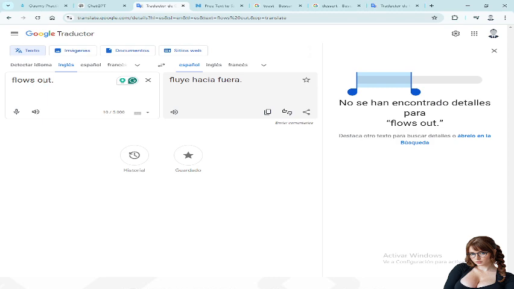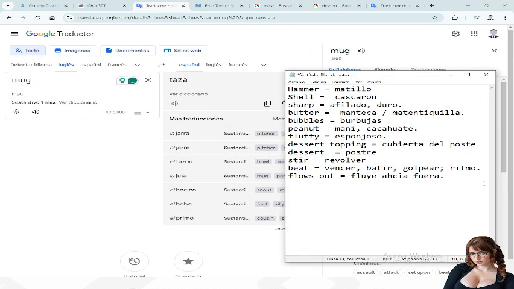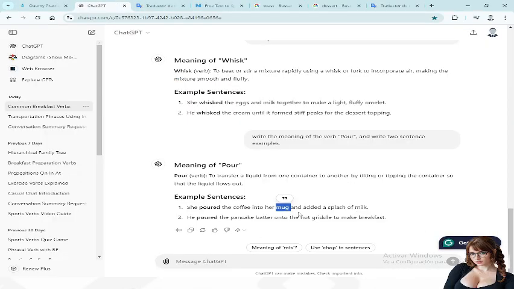Mug is part of our vocabulary. I think that we will add a couple of words. Pancake batter. We know what butter is. Hot griddle. Okay, tilting or tipping.